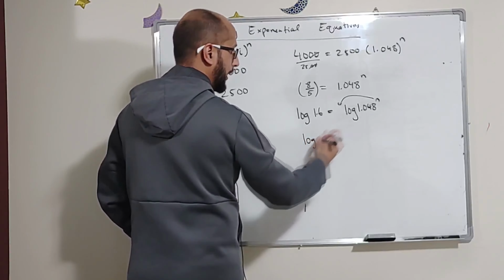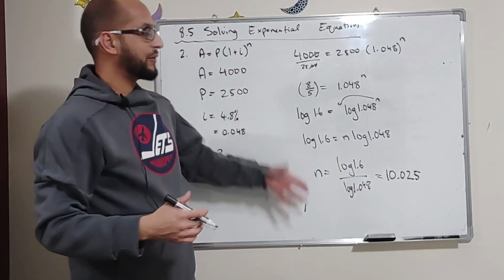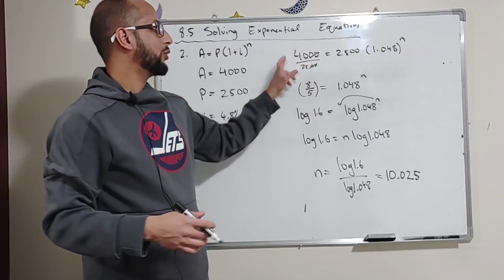And to finally isolate n, we'll have log of 1.6 divided by log of 1.048. Both of these are base 10. So we just plug that in your calculator, and the answer that you get will be 10.025. So approximately after 10 years, the $2,500 will grow to be 4,000.